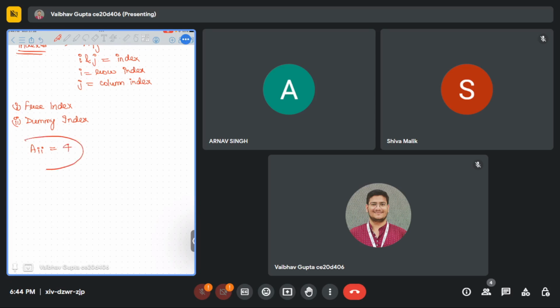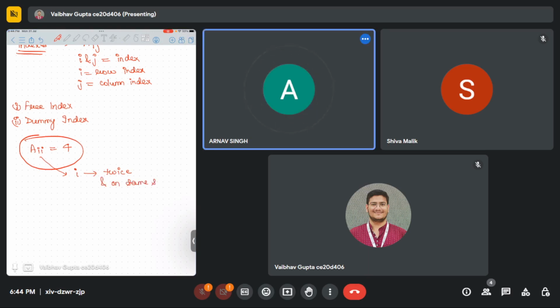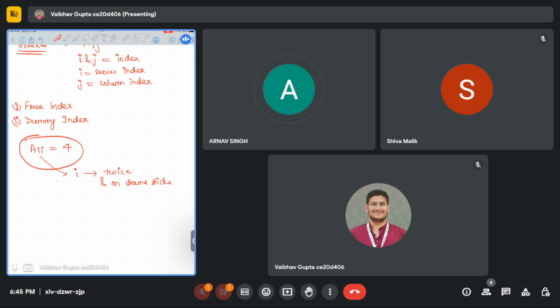What is the meaning of this? The meaning is, if the same index i is repeating twice on the same side, here Aii is on the left hand side, and i is repeating 2 times, it is known as a dummy index.